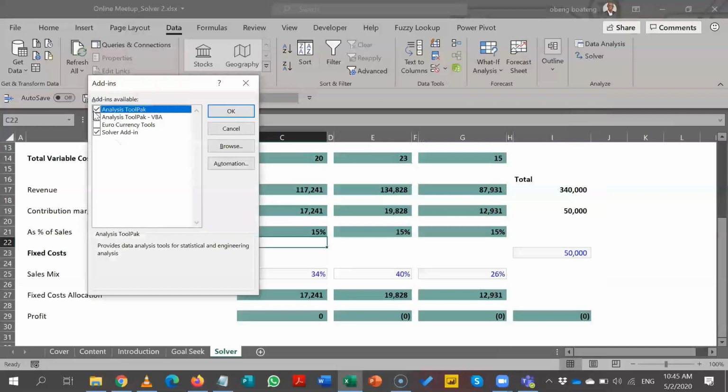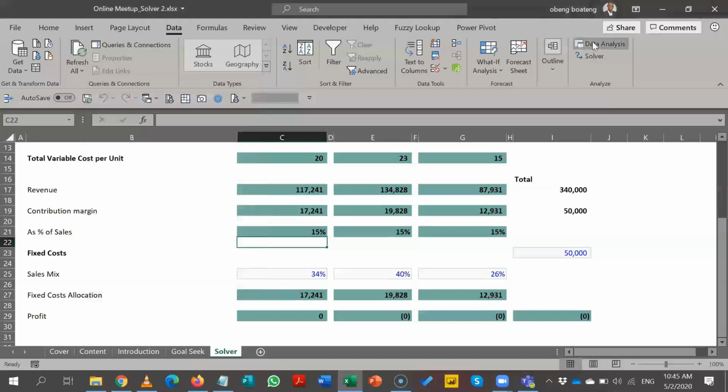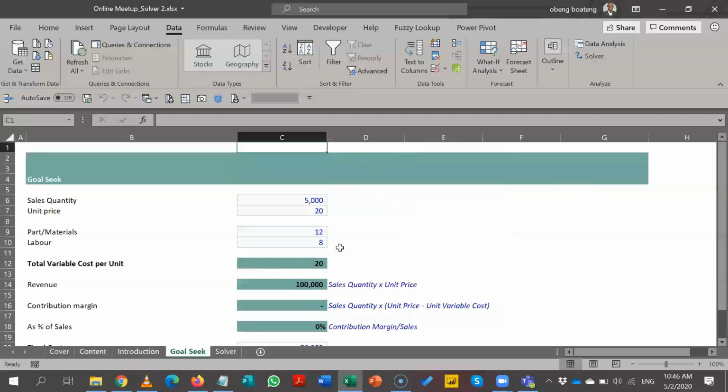For those who do statistics, you can add the Analysis ToolPak as well while you are here, for correlation and regression and all those calculations. So those two can be activated. Solver is to optimize and help us simulate and get decision variables. When you are using assumptions manually, you can use solver to fine-tune that. We did a basic example of the junior brother of solver, which is goal seek.